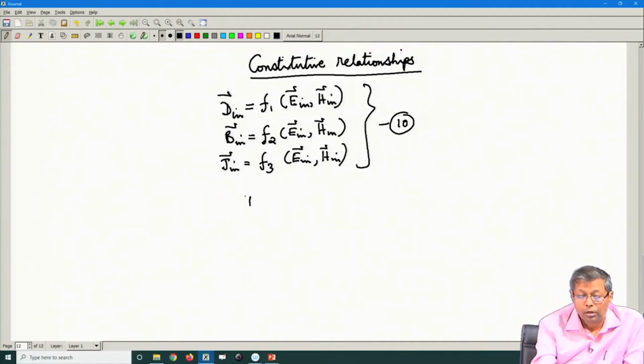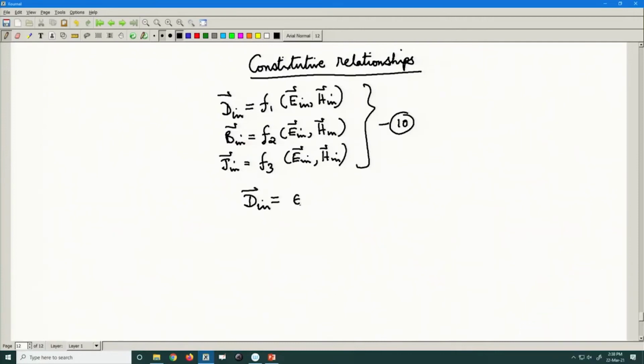So, D in is epsilon 0 E in, B in is mu 0 H in, and J in equal to 0.